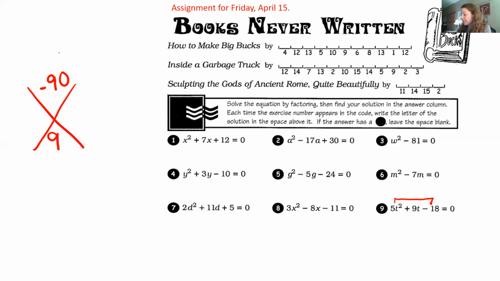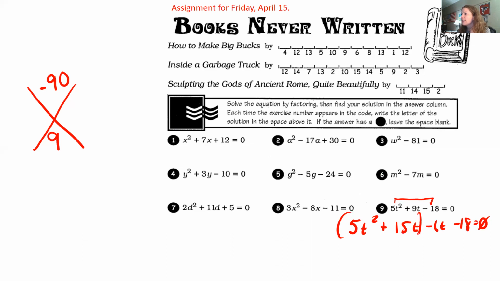So 15 minus 6 is 9. All right, so we're going to do 5t squared plus 15t minus 6t minus 18. Sorry, that took way too long.